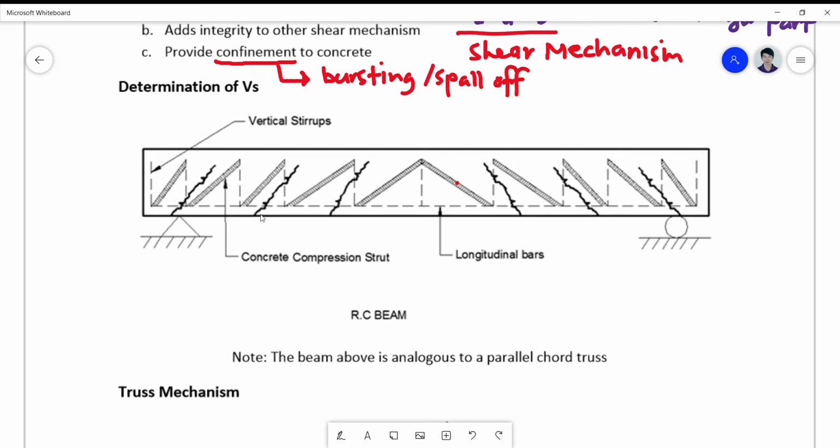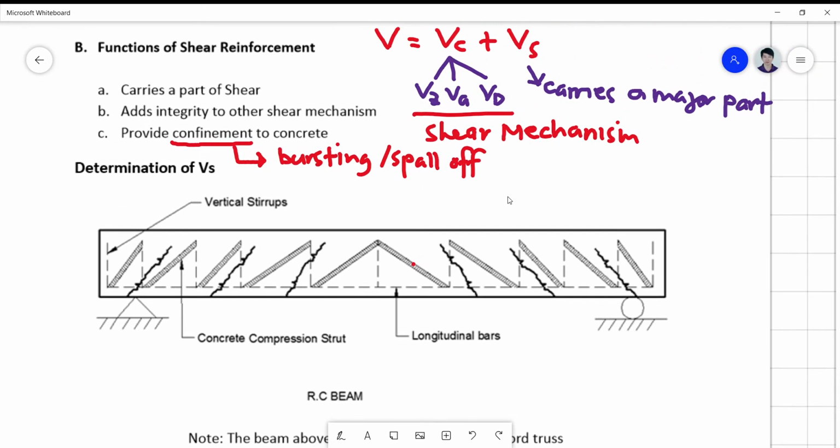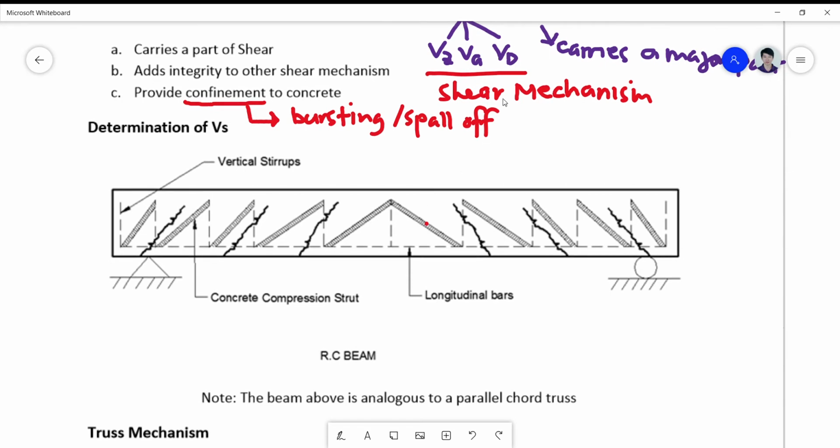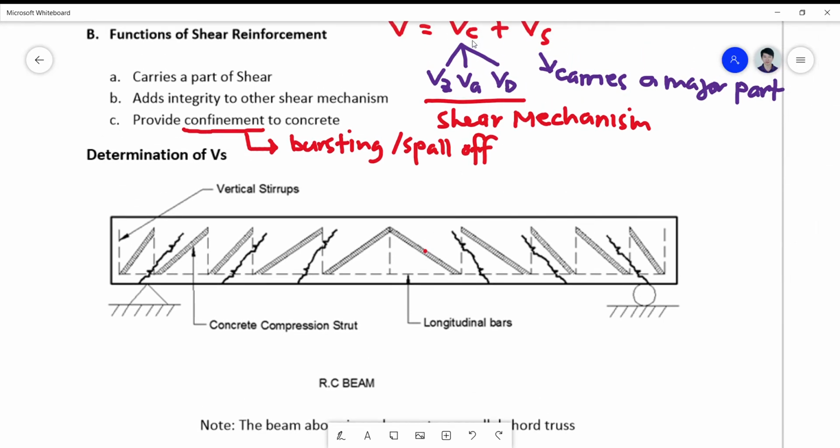These are our shear flexural cracks, and the mechanism the stirrups undergo is different from the mechanism to which your concrete part contributes.